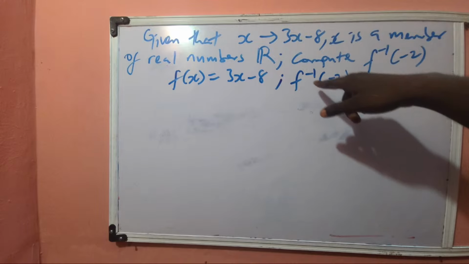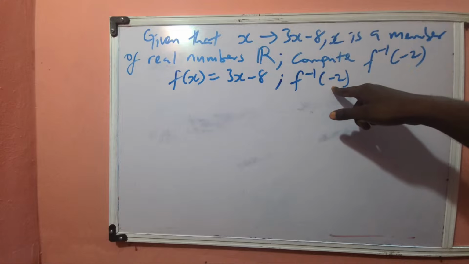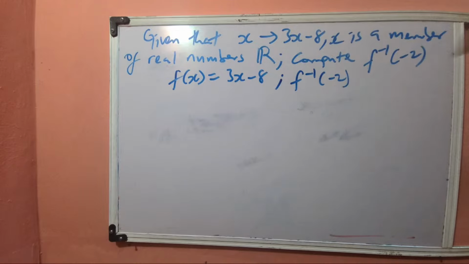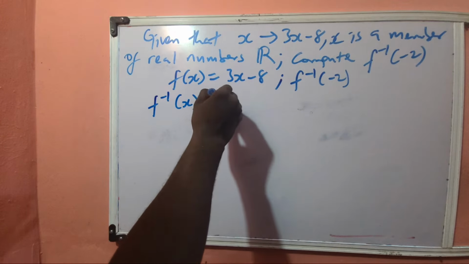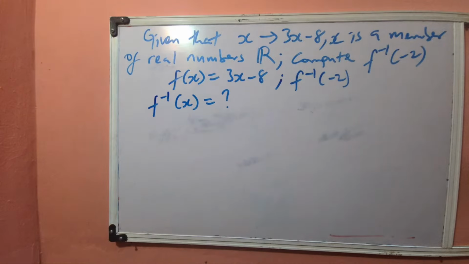You were told to find the inverse with an argument of minus 2. So obviously, you cannot give just the answer for f inverse of x. Let's first find f inverse of x.